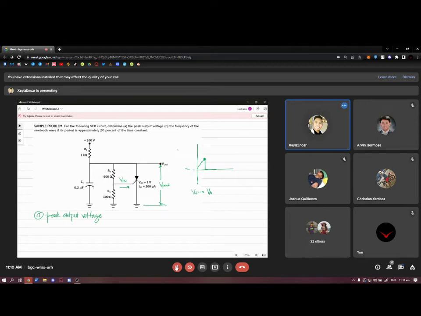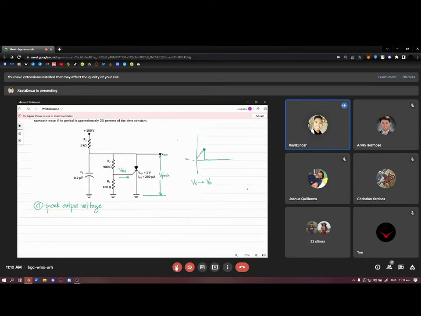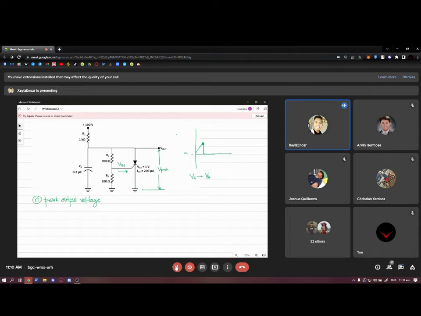So therefore, let's find the required input voltage para ma-turn on si SCR. So ano ba yung formula nun? So you have Vin is equal to VGT plus IGT multiplied by RG. Okay? Ano ba yung RG natin? Yung RG natin is yung resistance na nasa may gate or yung equivalent resistance na na-measure mo sa gate.